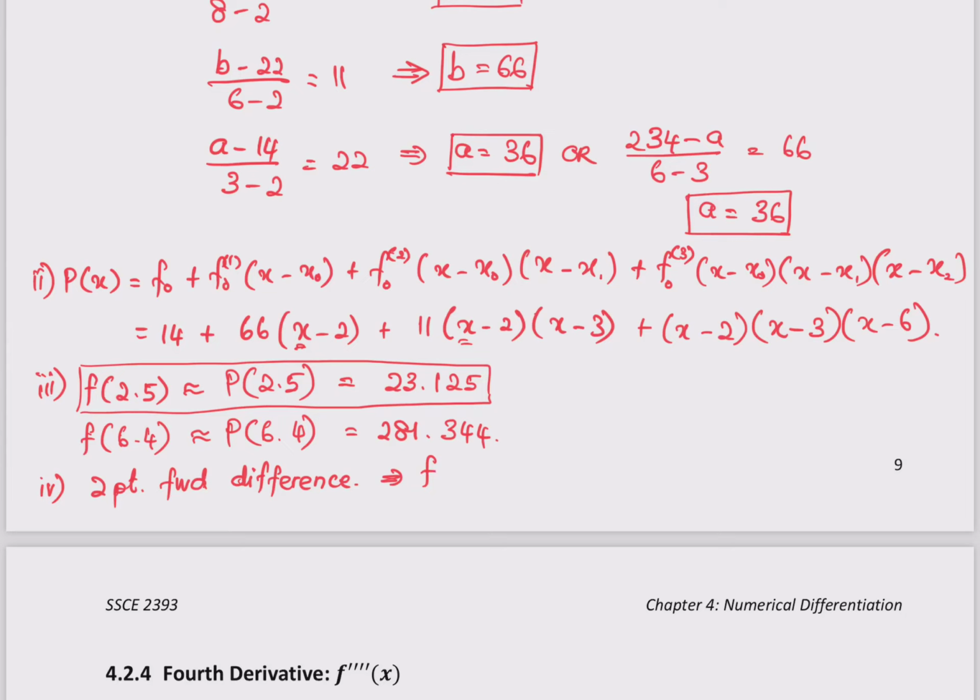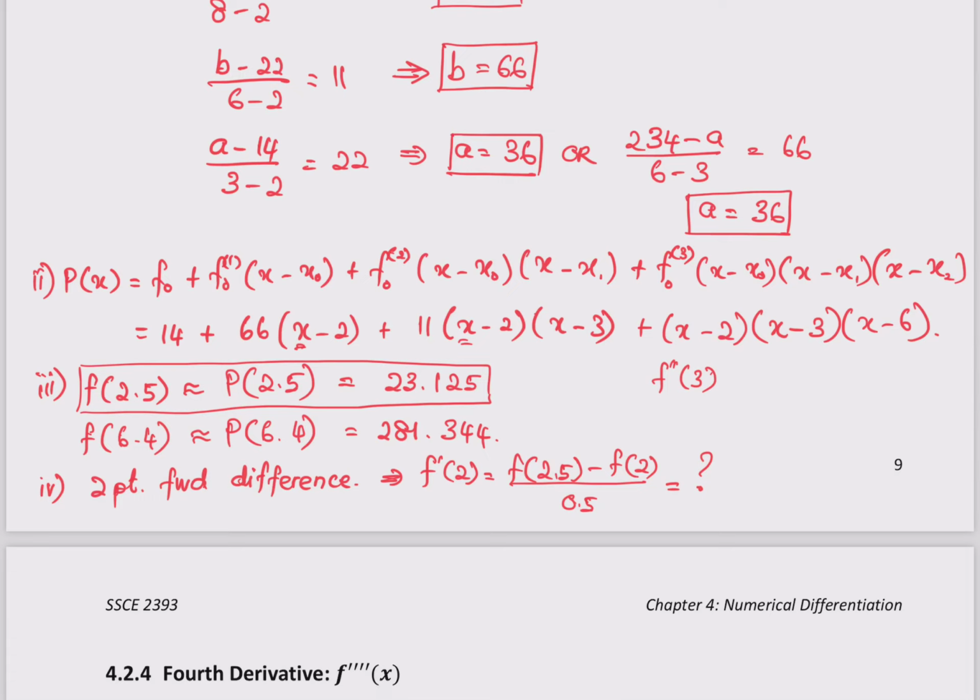This implies that f prime 2 is equal to f 2.5 minus f 2, divided by 0.5, and then you will get the answer. What is the answer? And the same for the case of the second derivative when x is equal to 3.